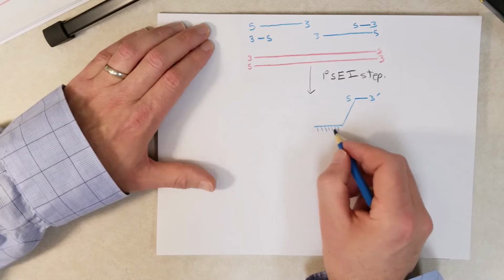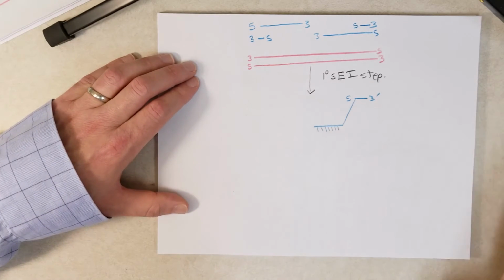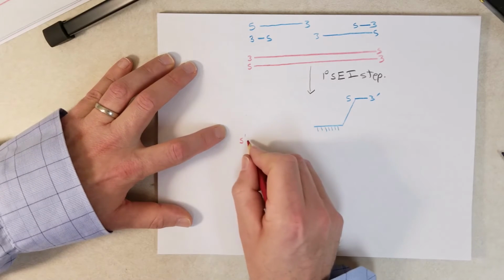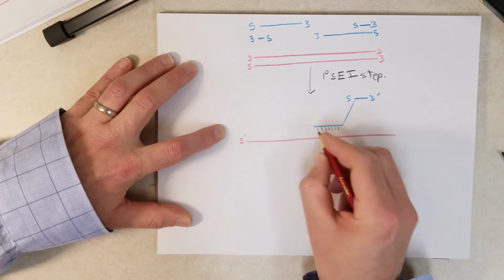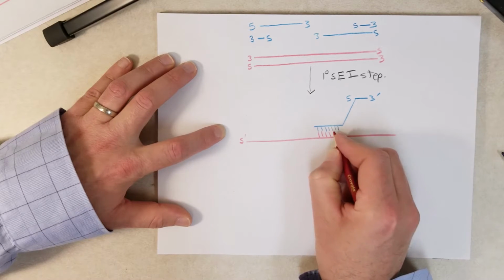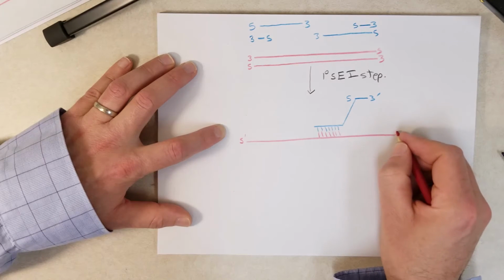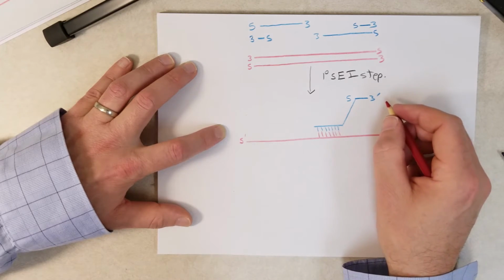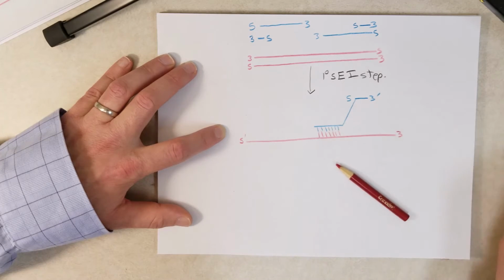I have some hydrogen bonds forming here. This is going to be the invasion step. And we see the strand has found some complementarity there. Do we have our orientations right? Let's see. Oh, nope, I have these wrong.